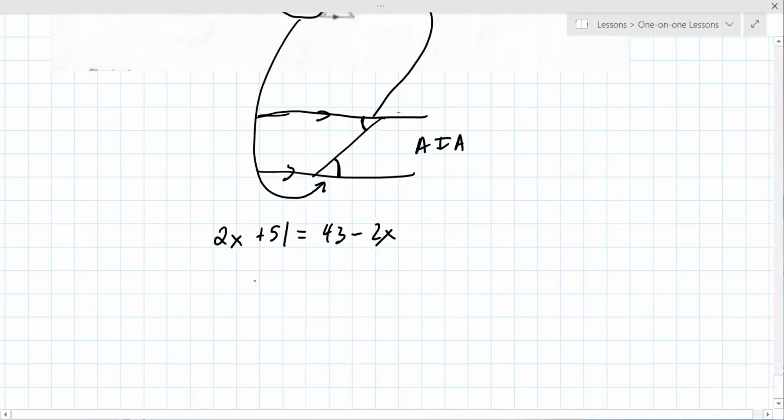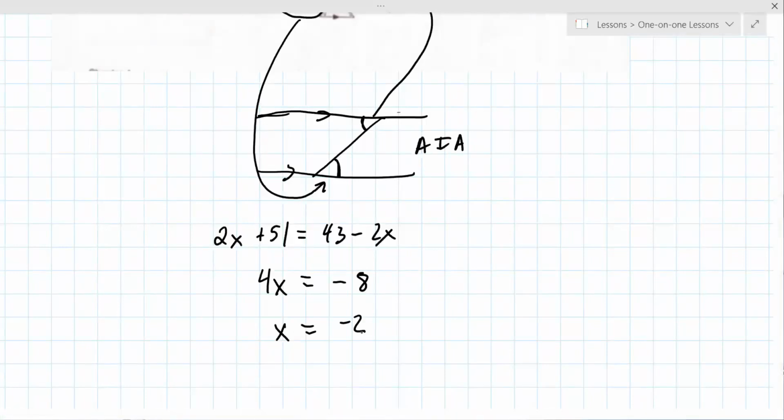Did you get to solving that? Yeah, I'm almost done. I got -2. Great, that's the same value that I have here.